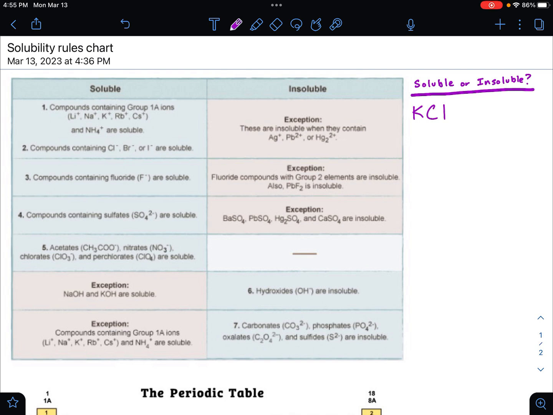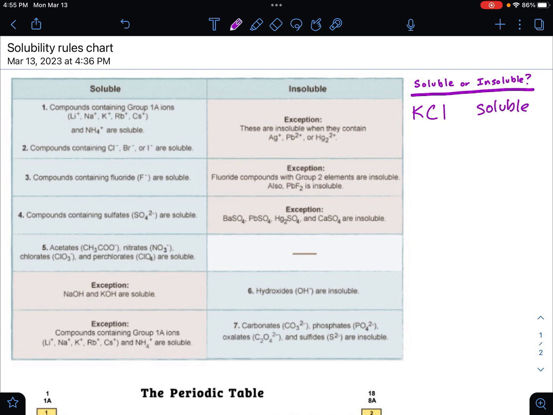If you look at the chart, it contains potassium, so far it's soluble, and it contains chloride, so it also says it's soluble. So this is for sure soluble. We could say double soluble. There's no such thing, but this is definitely soluble.